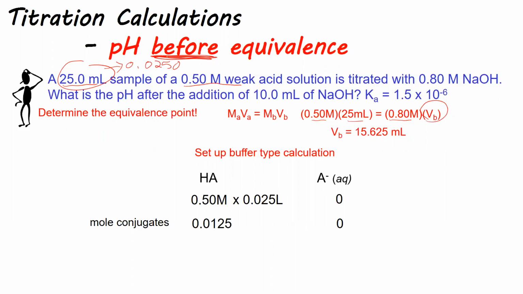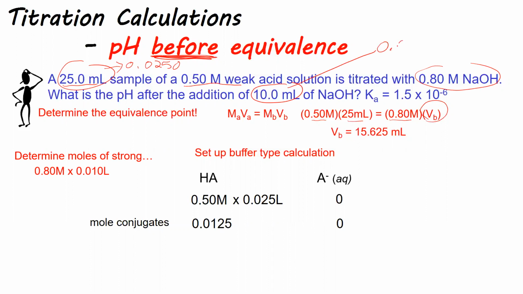All right, so now I need to know my moles of strong base that are being added. So I have 0.8 molar sodium hydroxide, and I have 10 mL of sodium hydroxide, which is 0.0100 liters. So I'm going to multiply those together, and I find my moles of strong base is 0.008.